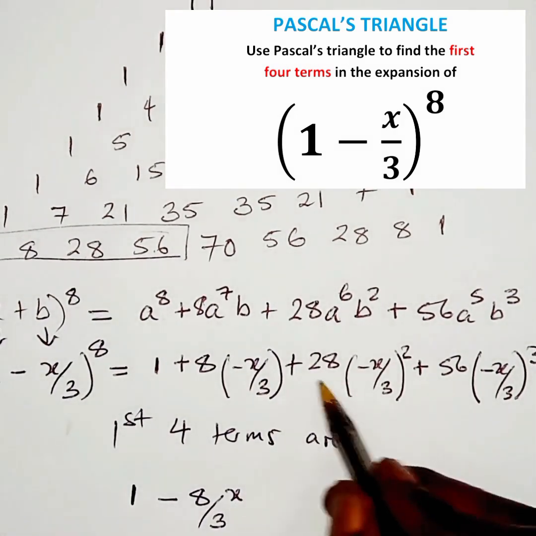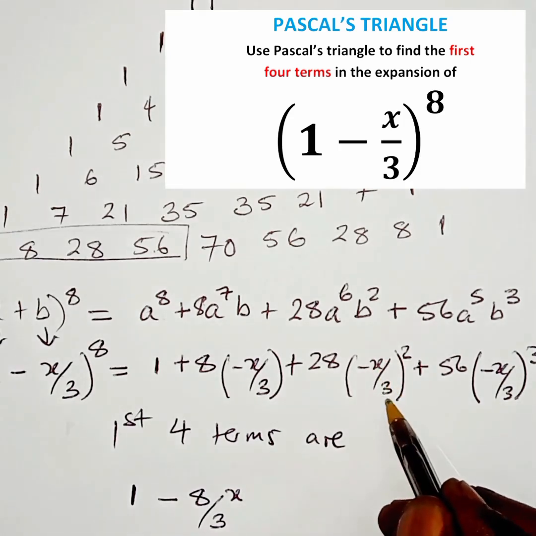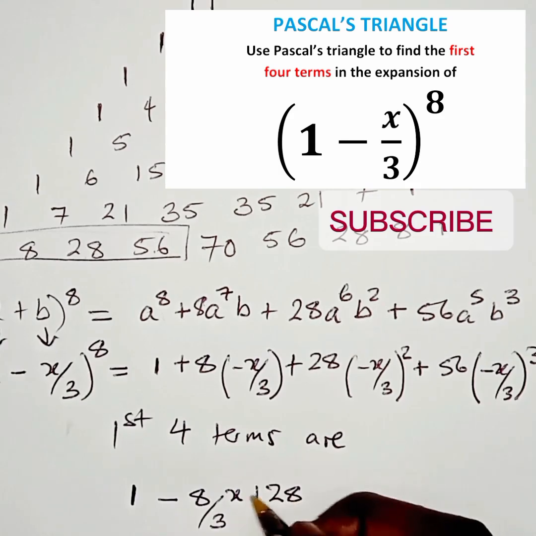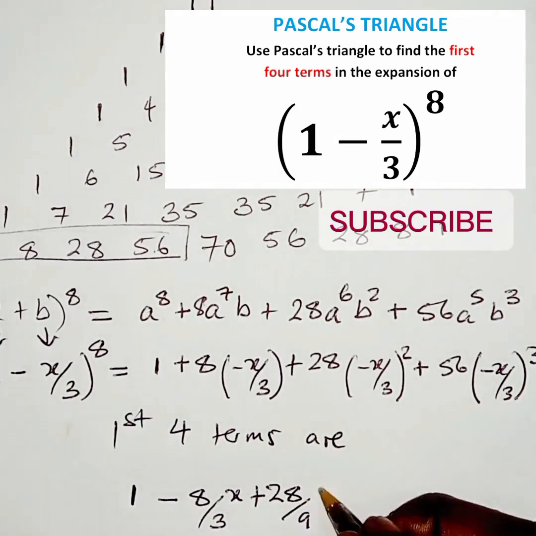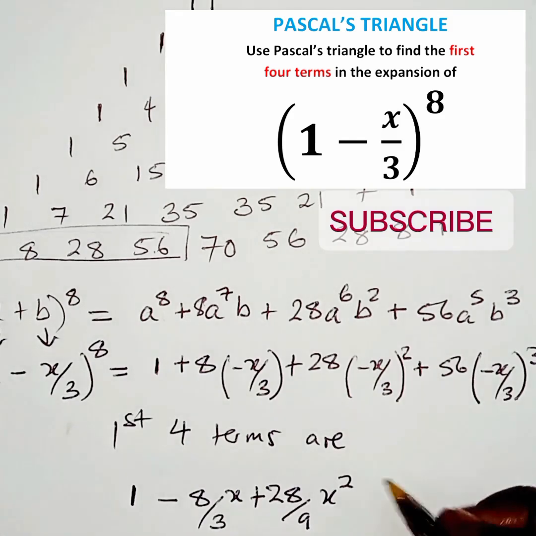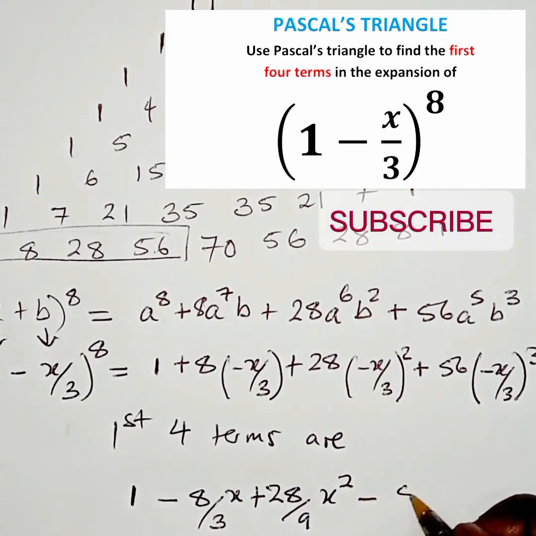And then we have minus x over 3 squared, which gives us x squared over 9, so we have 28, that's a positive, over 9 x squared. And then we cube that, we have minus x to the power of 3 divided by 27, so we have minus 56 over 27 x to the power of 3.